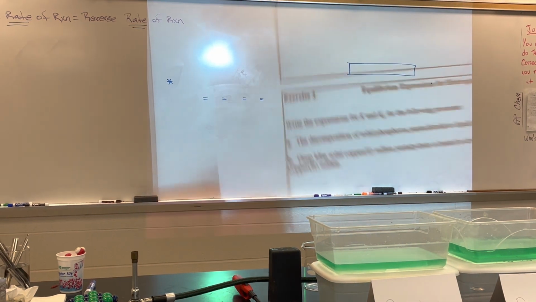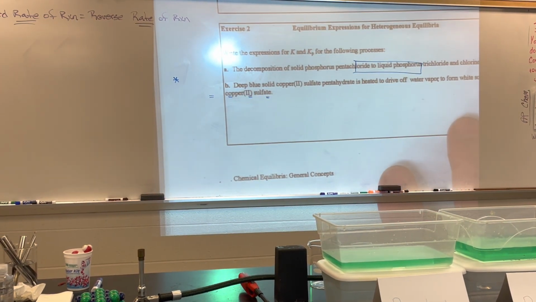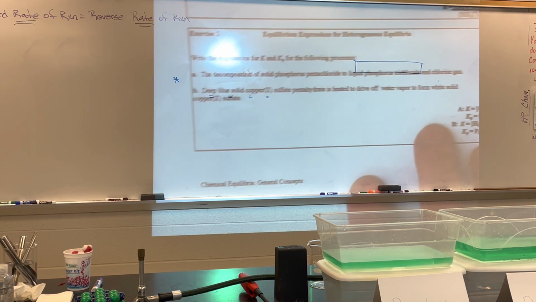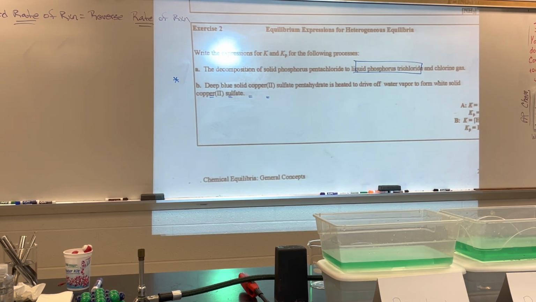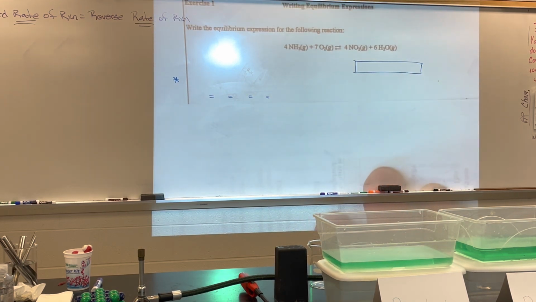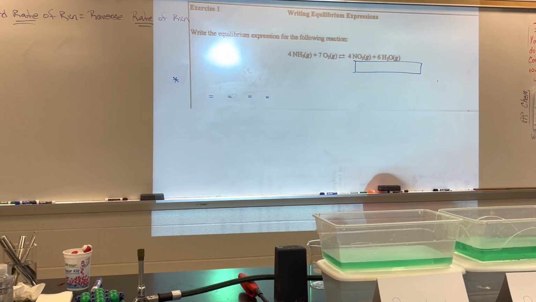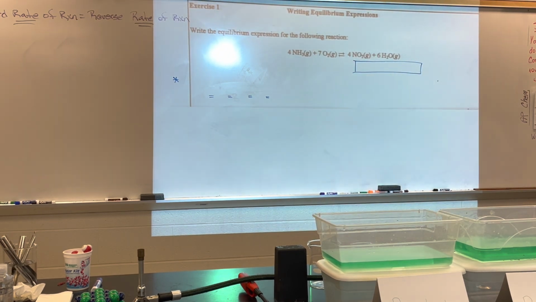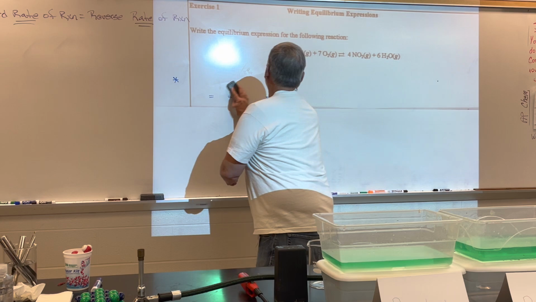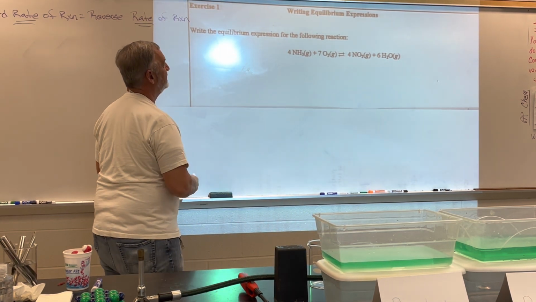If I look then down here, and I want to cover up my answer, let's just look at this exercise 1. I want to write my equilibrium expression for this.